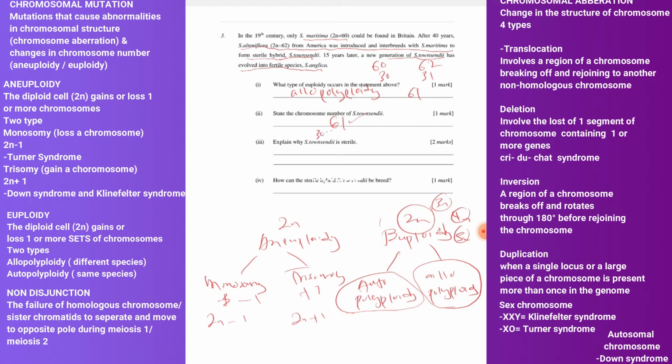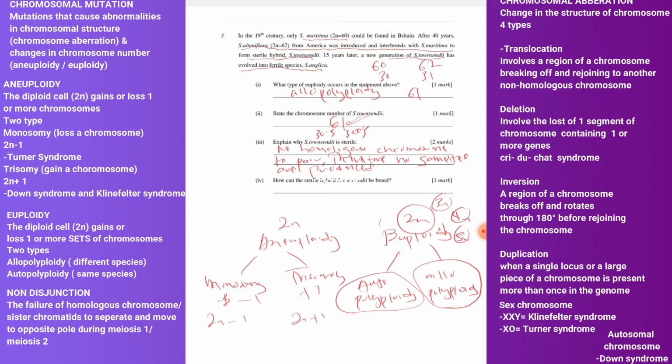It cannot divide into 30 and a half. It cannot produce gametes because there are no homologous chromosomes to pair. With 61 chromosomes, there are no homologous chromosomes to pair, therefore no gametes are produced.